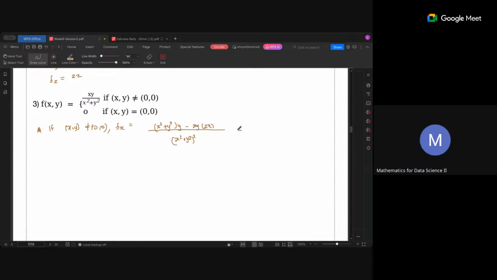Okay. Fine. So when you simplify this, you will get the result. Correct. I can further simplify it.